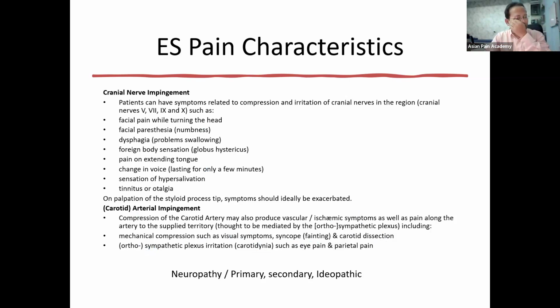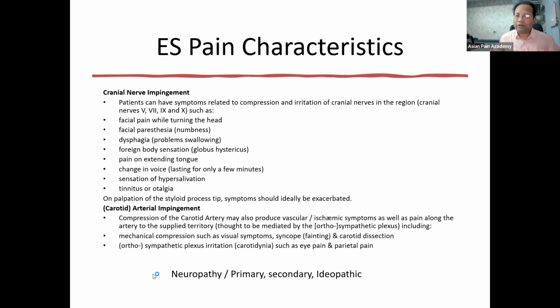If you have seen a very thickened, calcified ligament, stylomandibular or stylohyoid ligament, then always go for an MRI or 3D reconstruction of CT, mainly MRI, to see if there is any other secondary cause, or any other nerves are affected, or any other reason to understand why other associated symptoms are there.